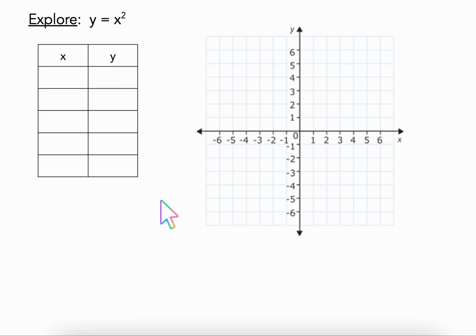So we will start off now with just our basic y equals x squared. We don't have the bx, we don't have the c. We're just looking at what y equals x squared will look like on the graph. Okay, so I'm going to start off by making up some values for x. I am going to start with -2, then -1, 0, +1, and 2.